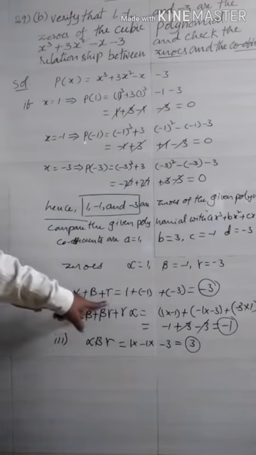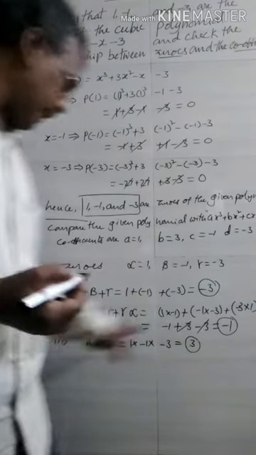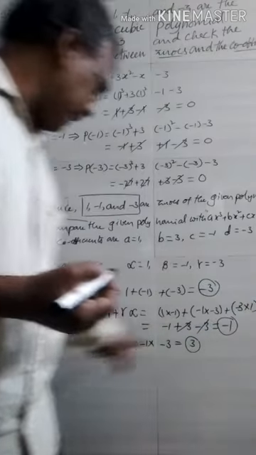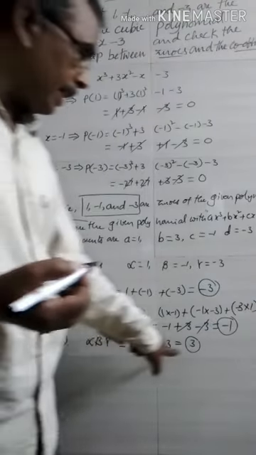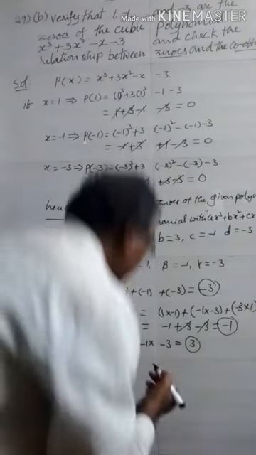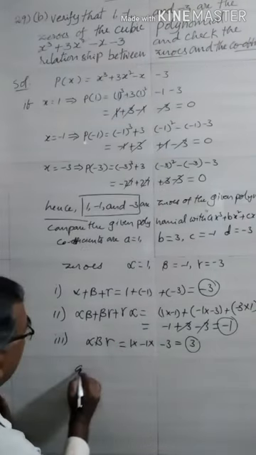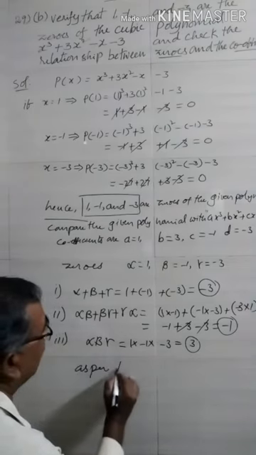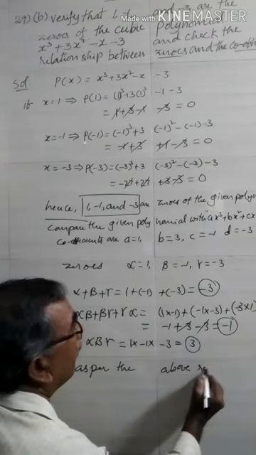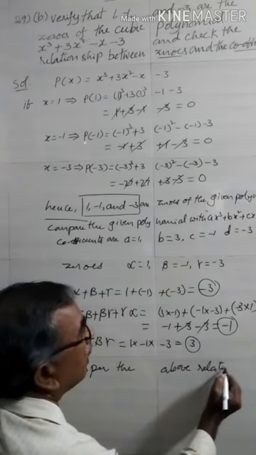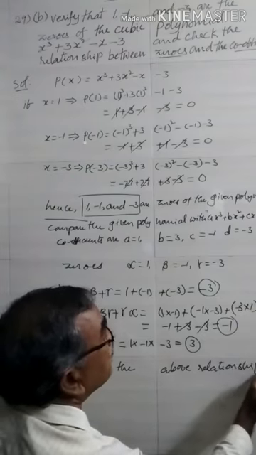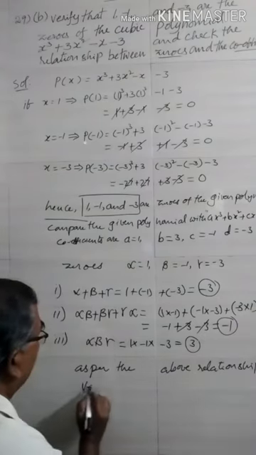That means alpha plus beta plus gamma is equal to minus b by a. Alpha beta plus beta gamma plus gamma alpha is equal to c by a. Alpha into beta into gamma is equal to minus d by a. Hence, the relationship is verified.